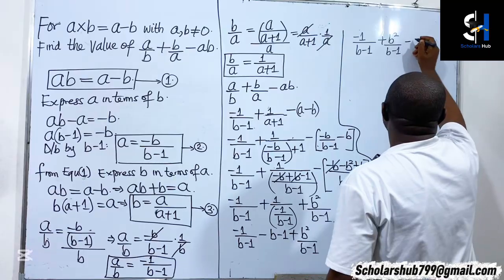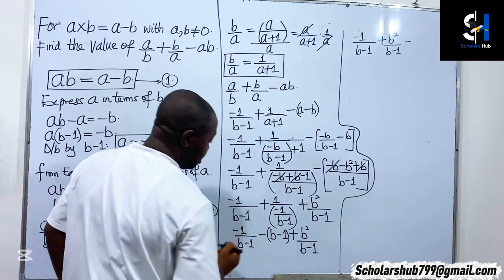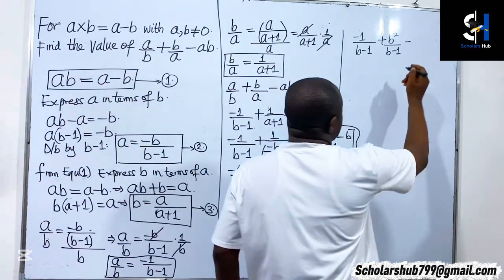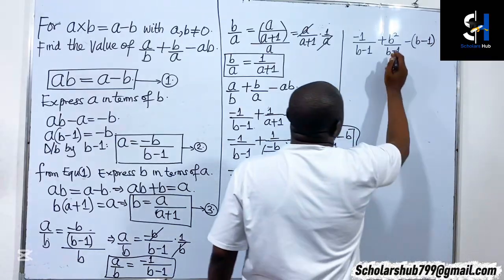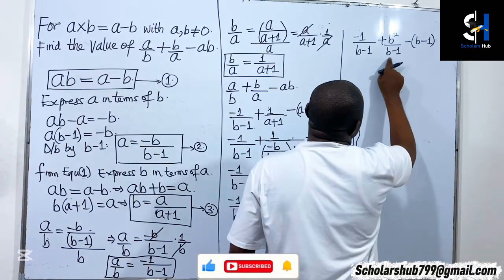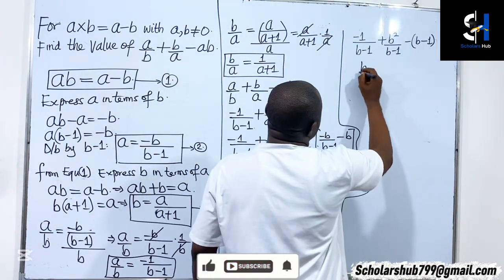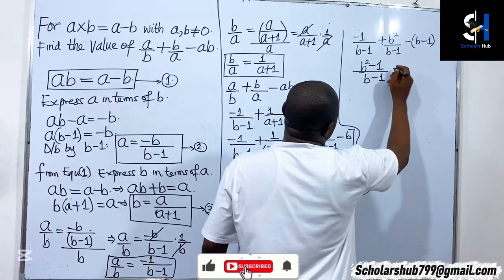Then minus negative parenthesis b minus 1. So now we have the same denominator, a common denominator of b minus 1. So this will be b squared minus 1 divided by b minus 1.